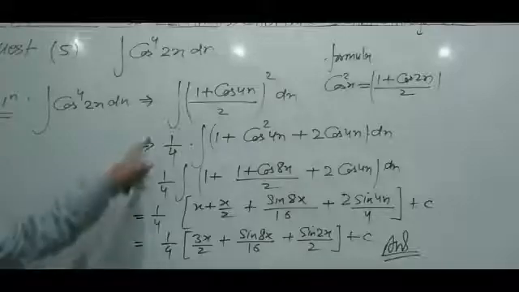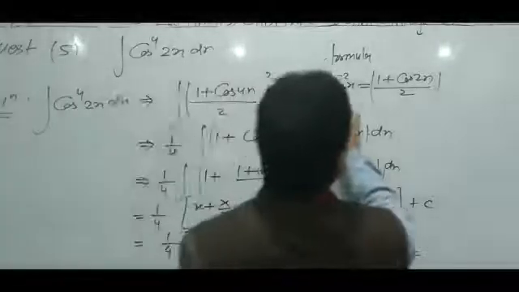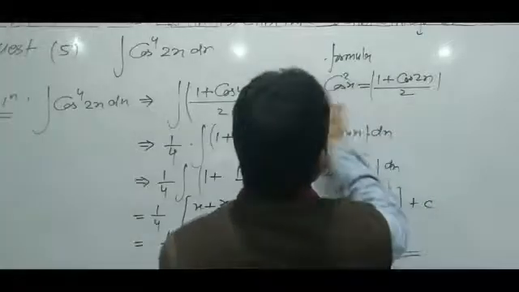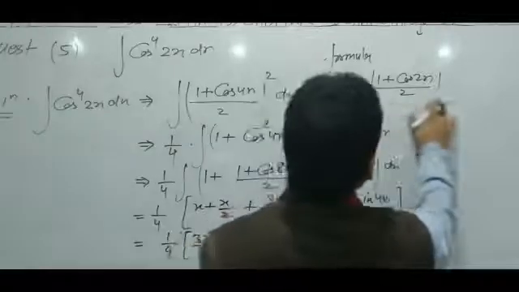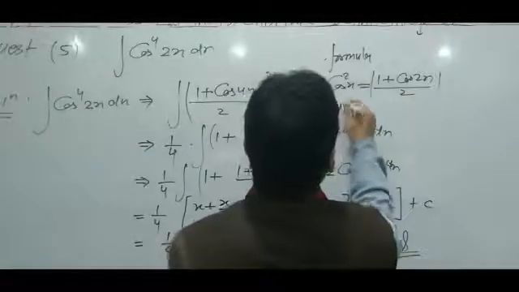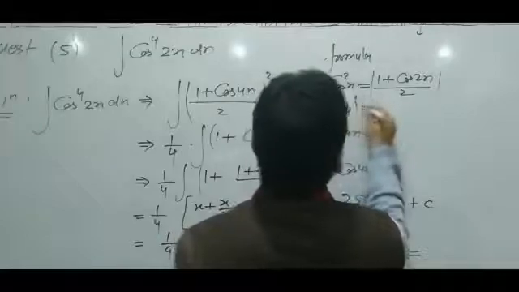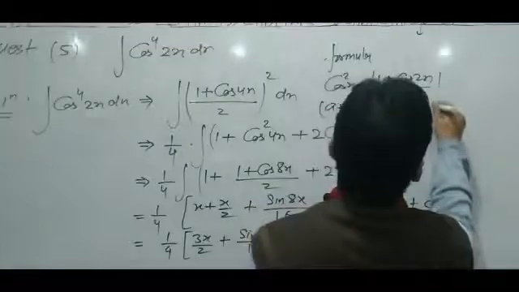So in this step, what did we do? We used the formula. This formula is, you know, cos square x equals 1 plus cos 2x by 2, from 2 cos square x minus 1. And also you will apply the formula a plus b whole square is equal to a square plus b square plus 2 times ab.